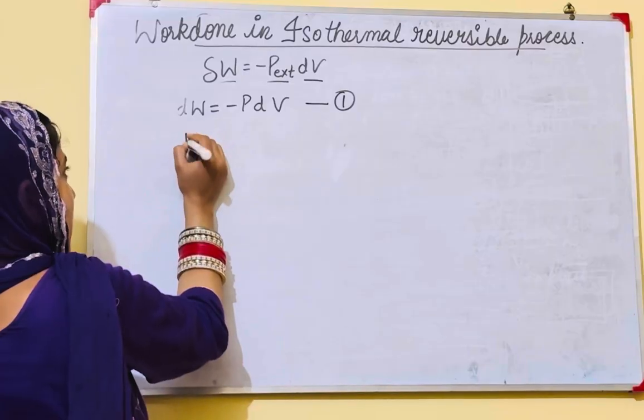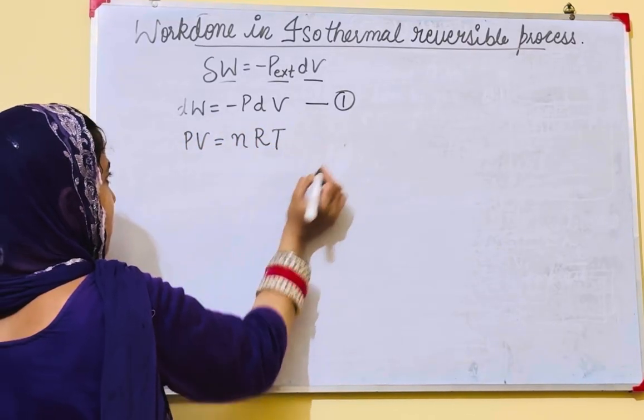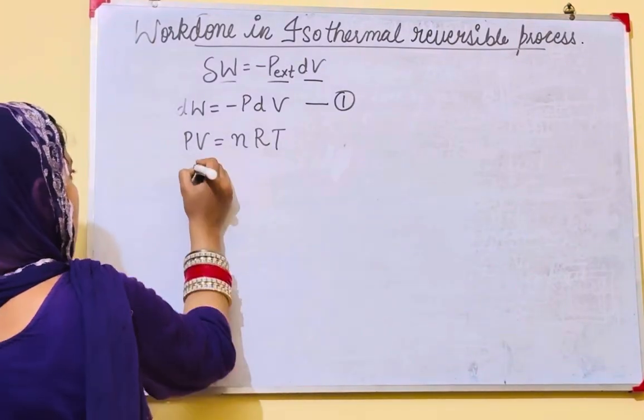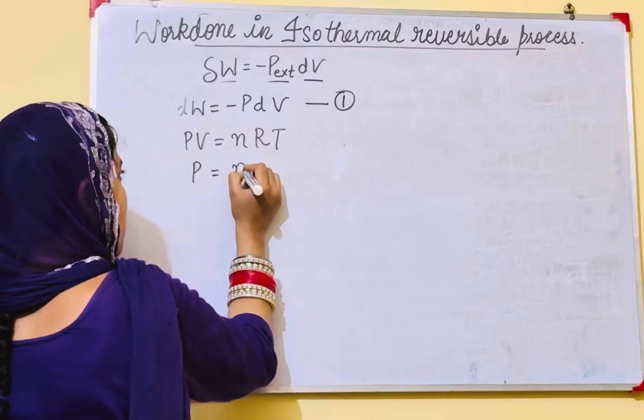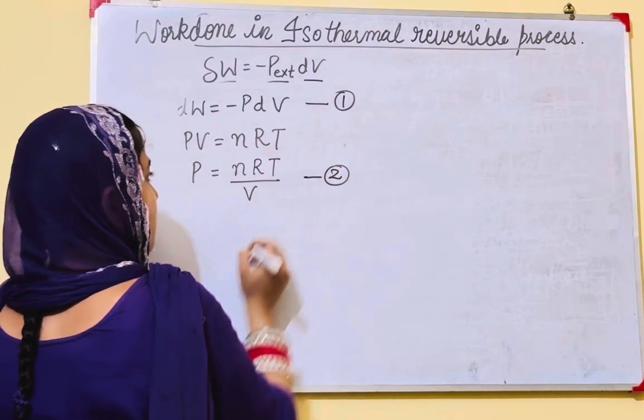After this we know the ideal gas equation PV is equal to nRT. Understand? Now from here we can find the value of P. This is your second equation.